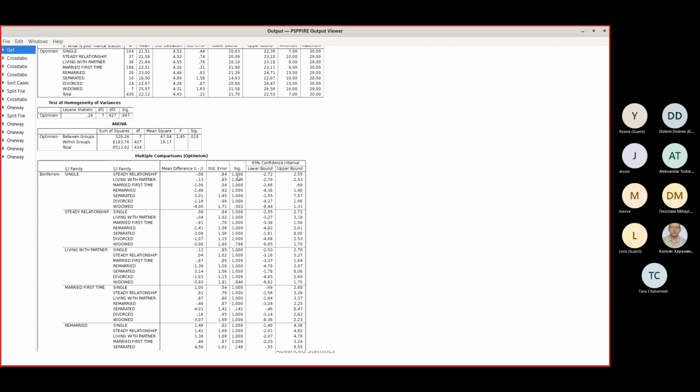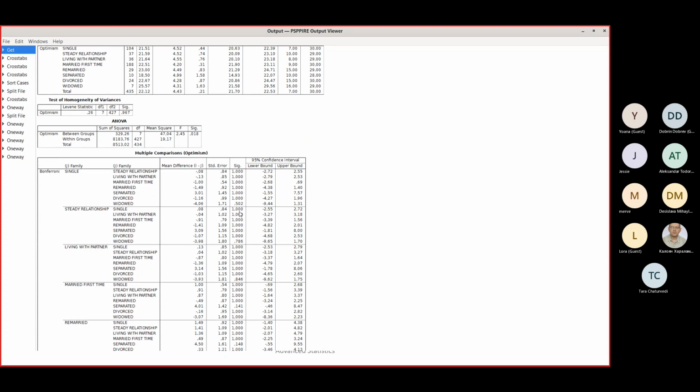And in this column are significance levels for all pairs. And if the significance level is larger than 5%, then in this particular pair there is no difference between these two groups.